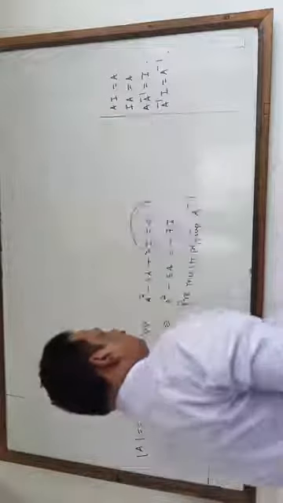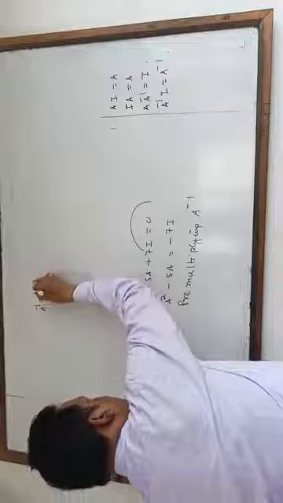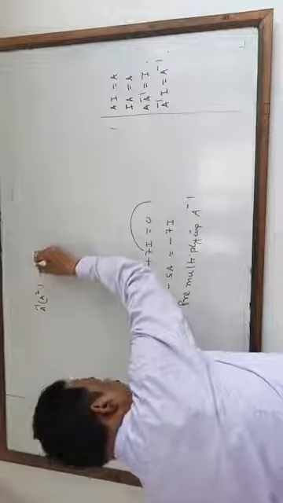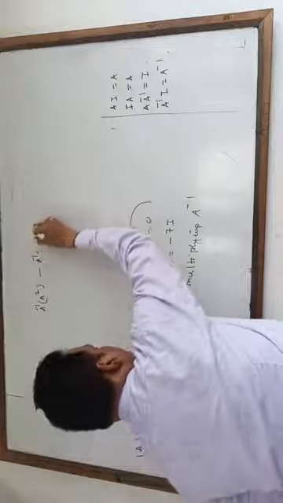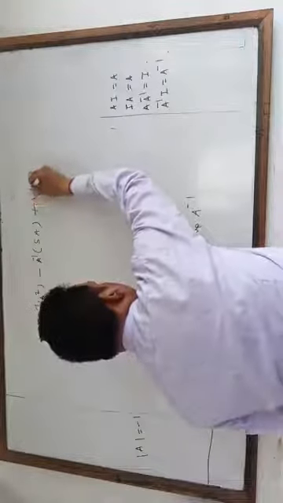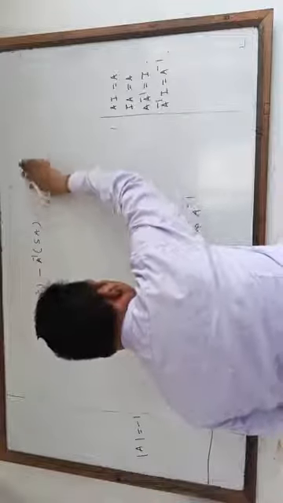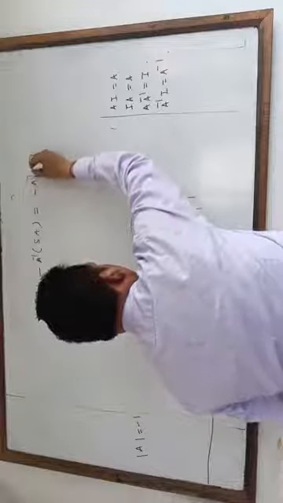You are going to get A inverse A square minus A inverse 5A plus A inverse 7I equals minus A inverse 7I.